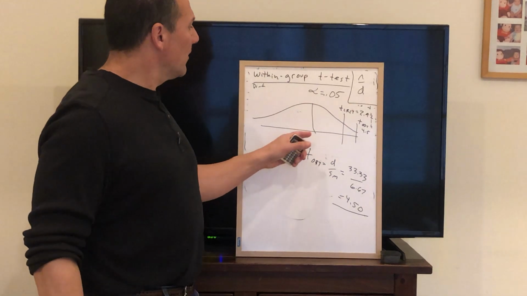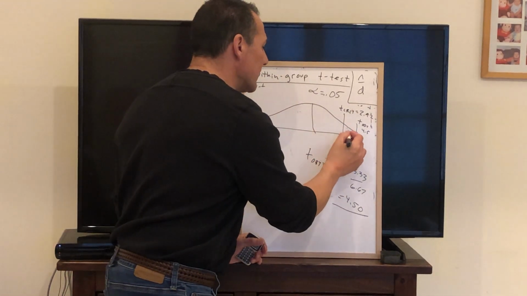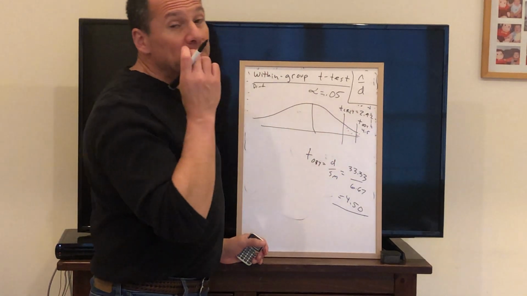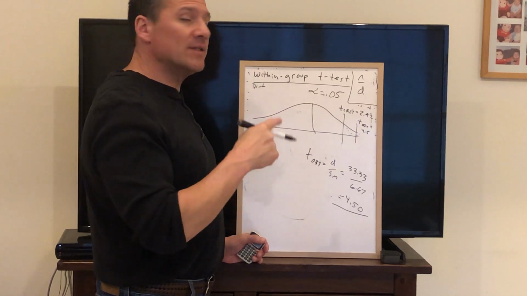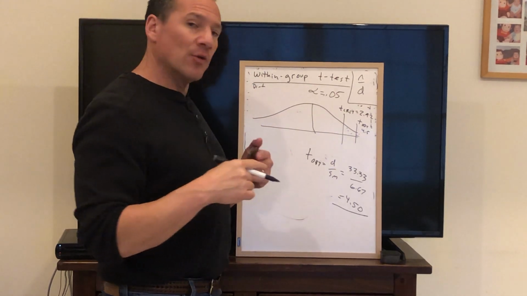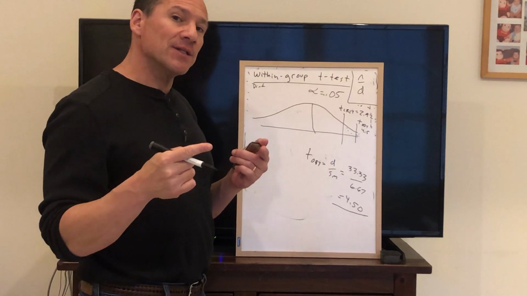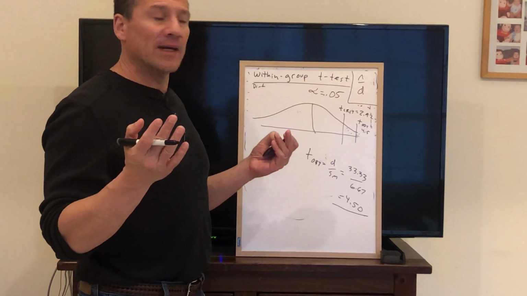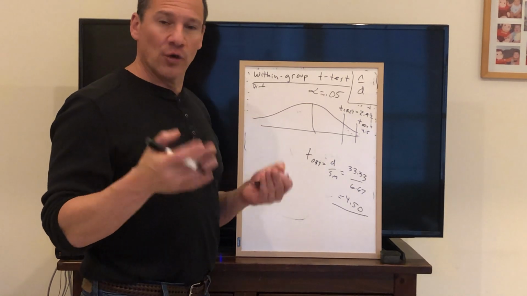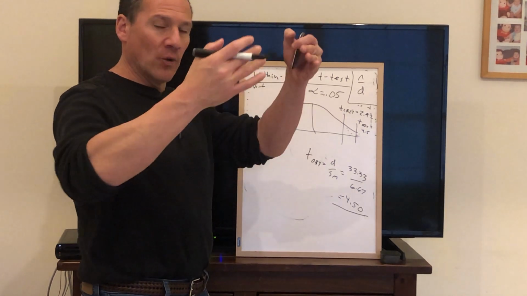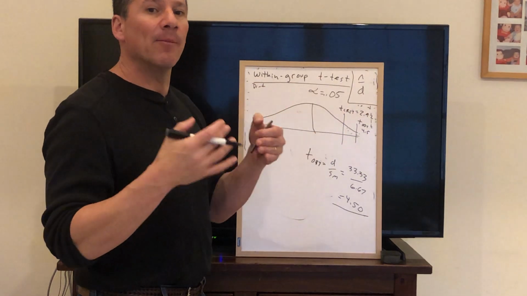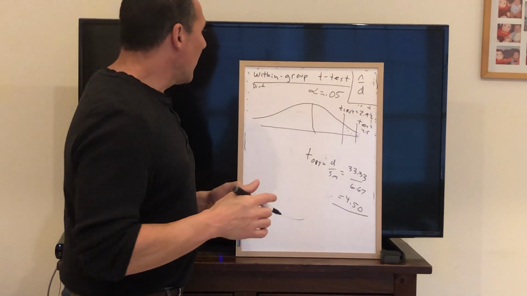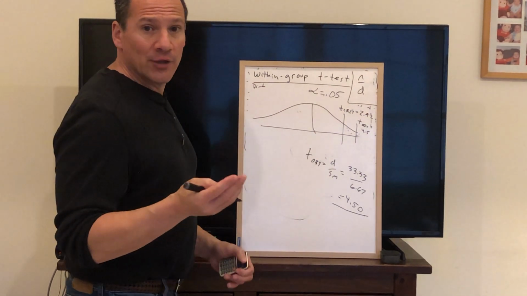So you can see here's the alpha region. T obtained was more extreme than t critical, suggesting we support the research hypothesis. In this case, that means we would say the diet that we implemented on average worked. People on average tended to weigh less at time 2 than at time 1. So that's how you do the within group t-test.